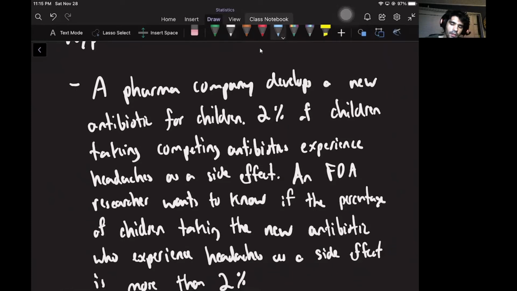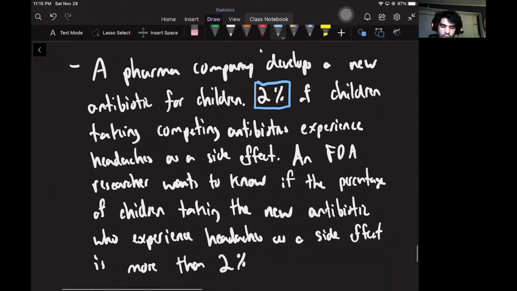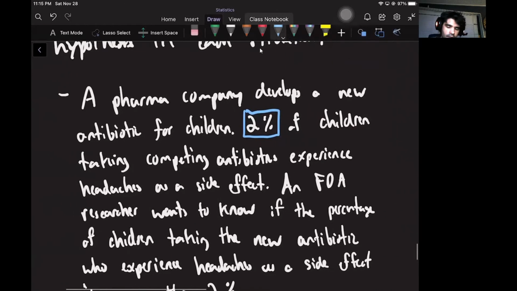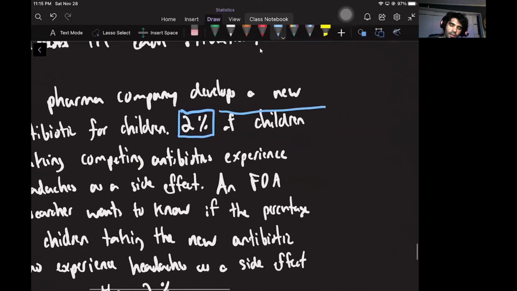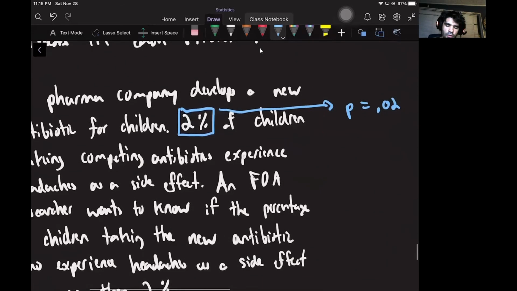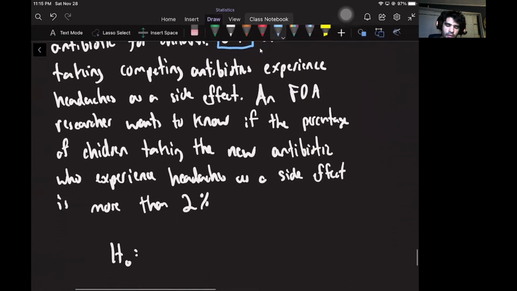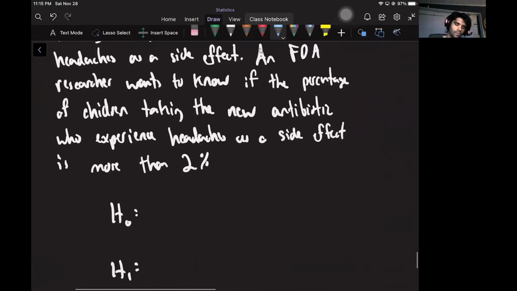Well, they're assuming that 2% is like the standard truth. So that is going to immediately tell us that the null hypothesis is that the proportion of children that get headaches as a side effect with this kind of antibiotic is going to be 2%.